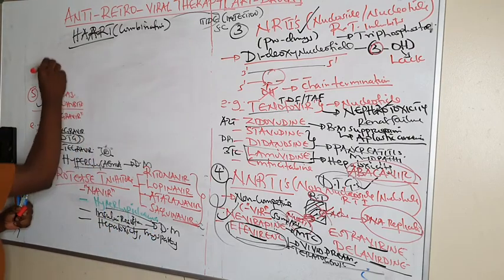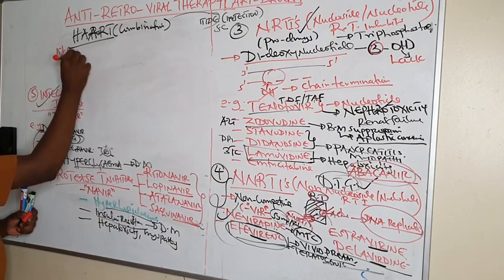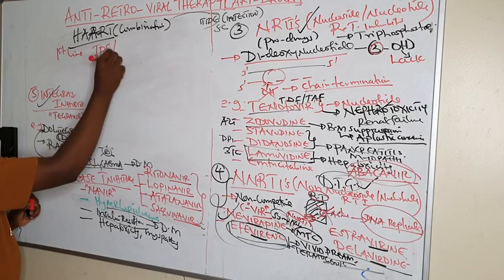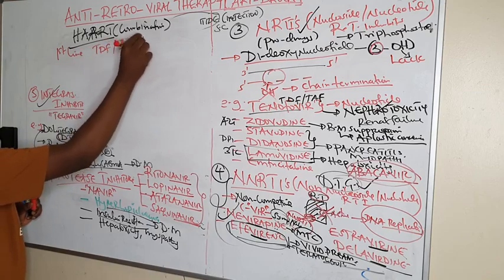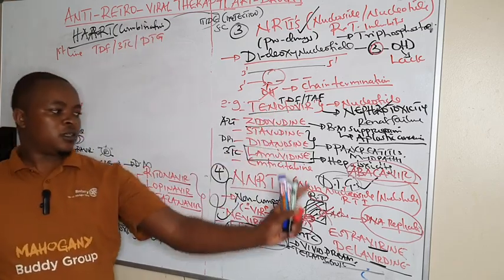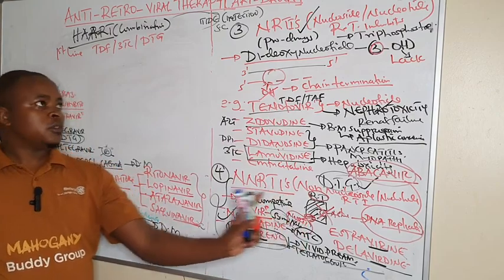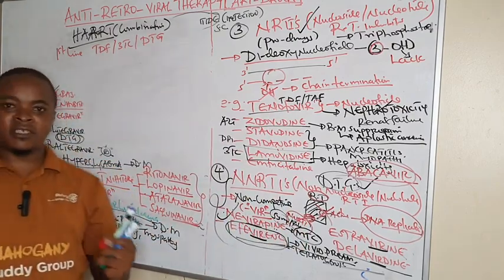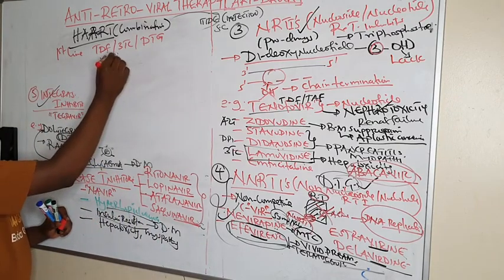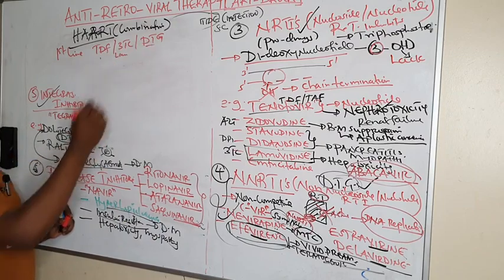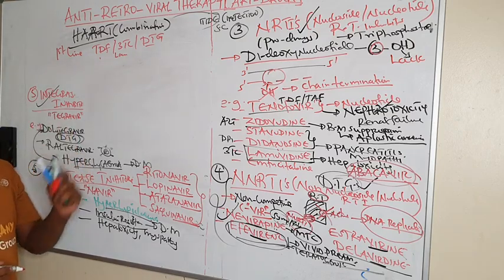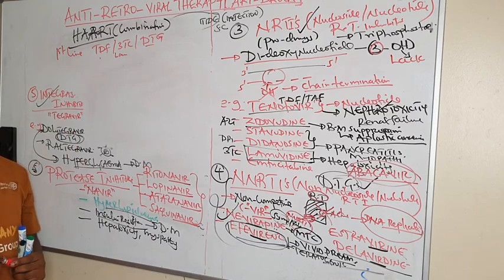The first line combination being utilized is TDF/3TC/DTG, because we said DTG replaced the NRTIs. So you can always remember by saying TLD, whereby this is tenofovir, this is lamivudine, and this is dolutegravir. And it is being used as the first line in treatment of HIV.